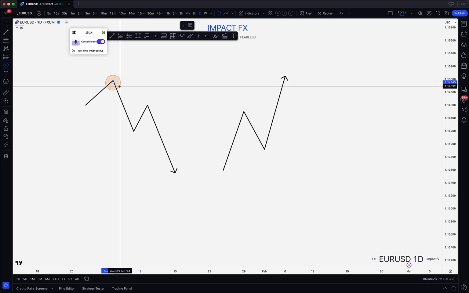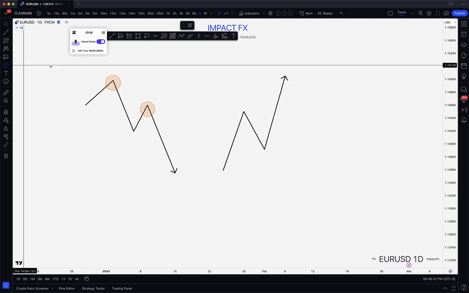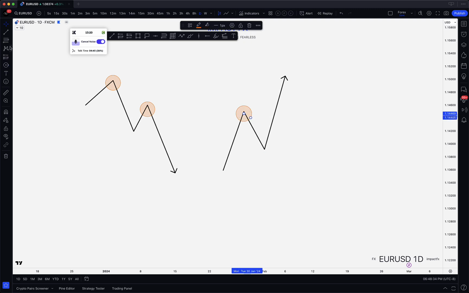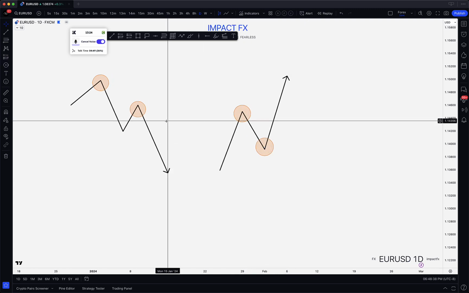So I've talked about these in different contexts for you all on YouTube around transitional market zones, pivot zones, and then these are going to be structural zones, right?